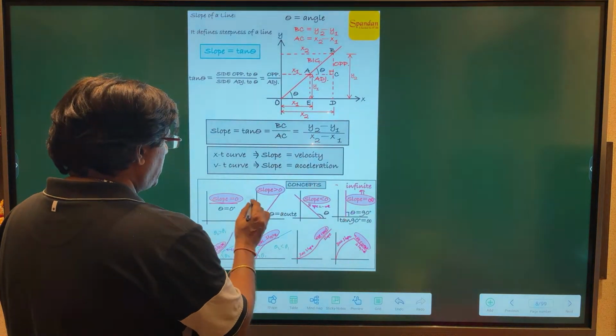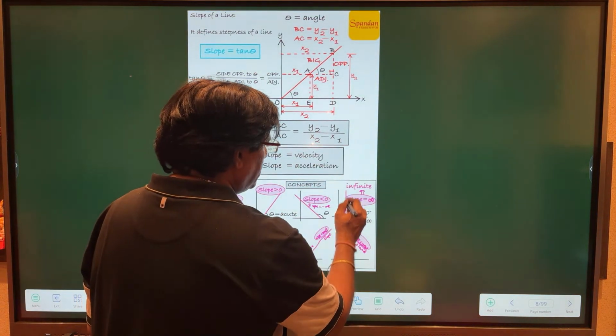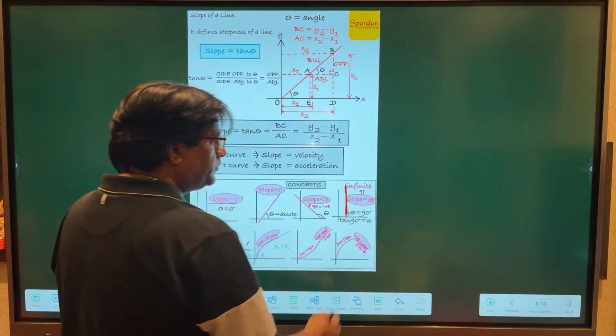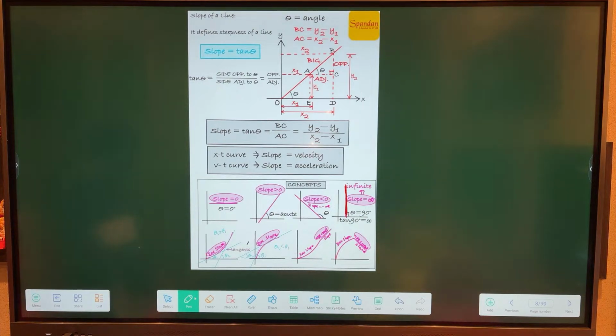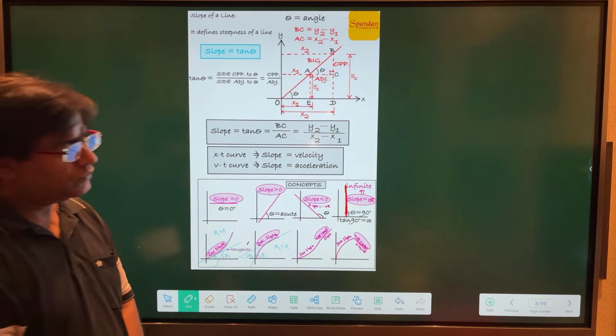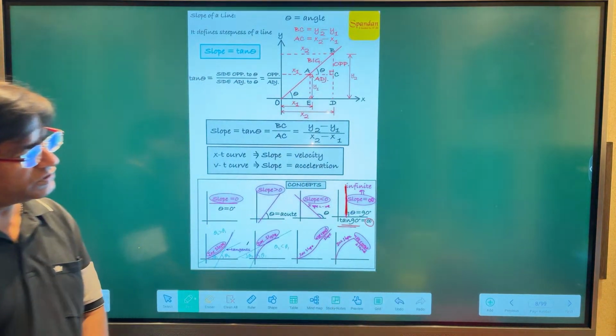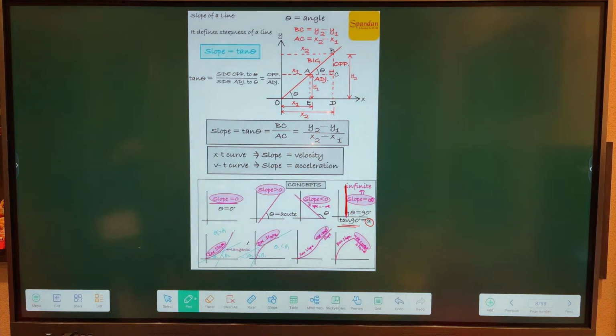Now this line is vertical. If this line is vertical, then what will be the slope? Vertical. So tan 90 degree will be infinity, and this slope will be infinity.